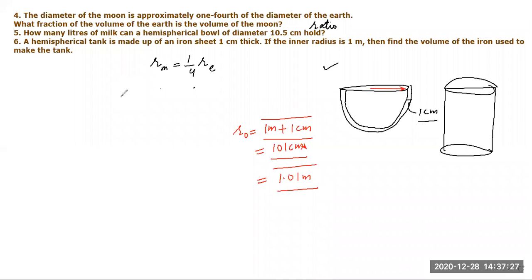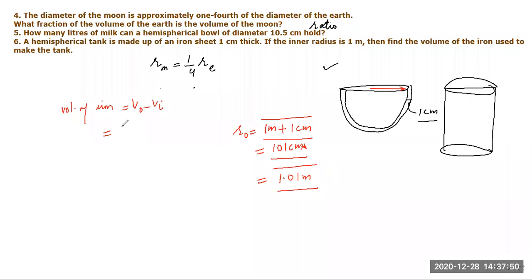Any student? What is the volume of iron used? Volume of outer hemisphere minus volume of inner hemisphere. Correct. This is the volume of iron used, which would be equal to VO minus VI. So again, I should not make the mistake.